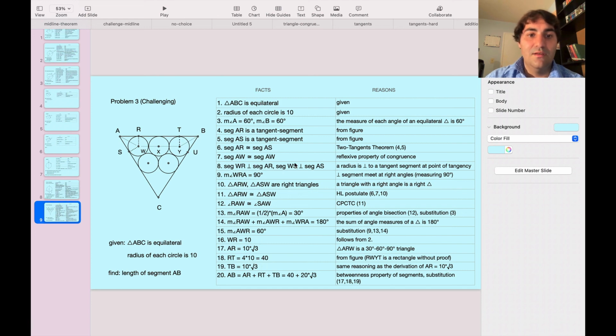I don't want to repeat the reasoning because that would make it too long, but just follow the same reasoning, doing it with angle B. So the length of AB equals AR plus RT plus TB, where these are all lengths. If you add it together, we get 40 plus 20 times the square root of 3, and that's the length of segment AB.